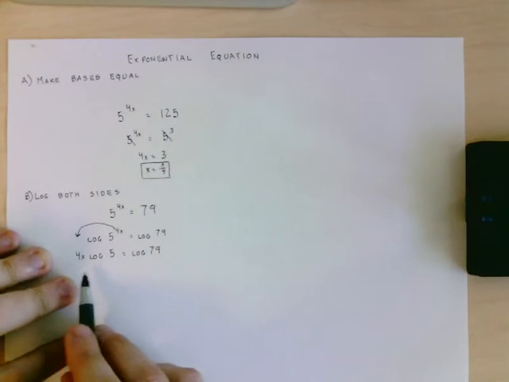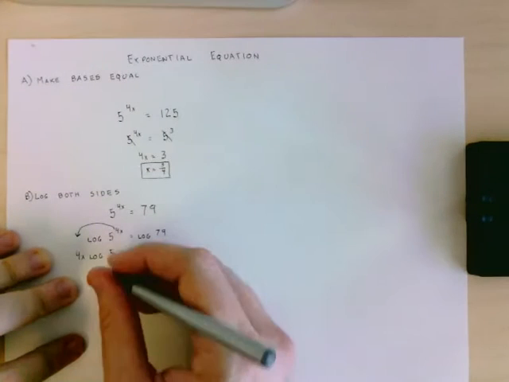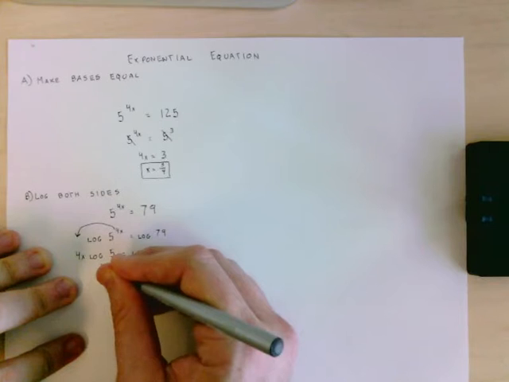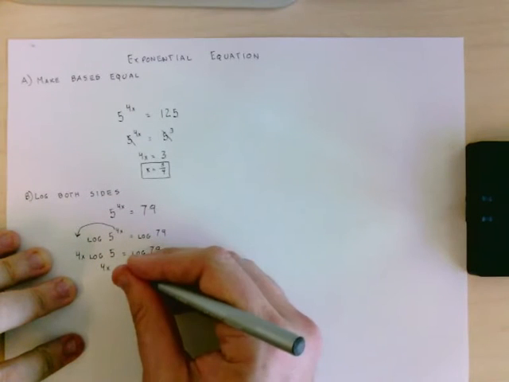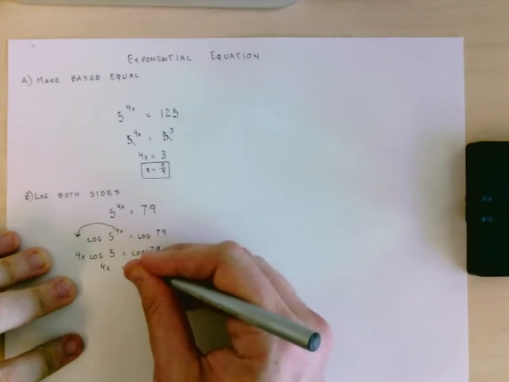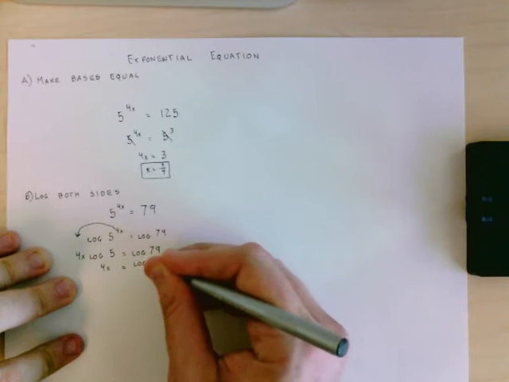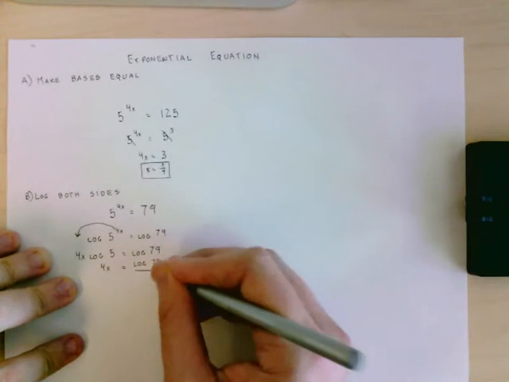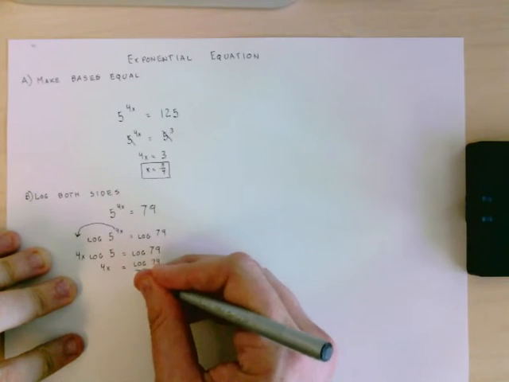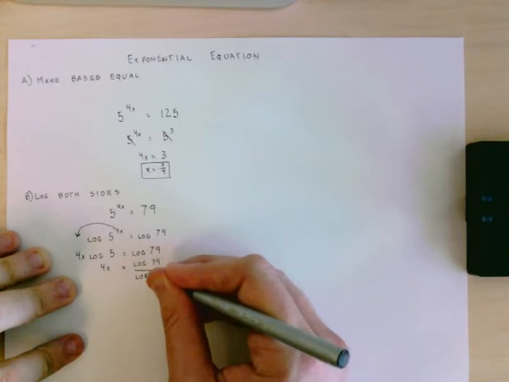So now I need to get this x on its own. So I'm going to divide both sides by log 5. Going to get 4x is log base 10 of 79 over log base 10 of 5.